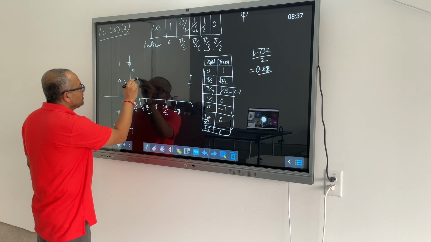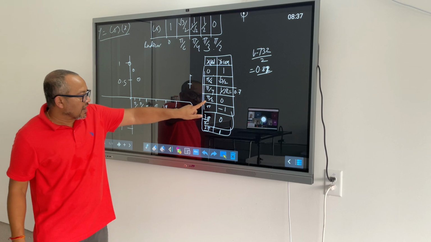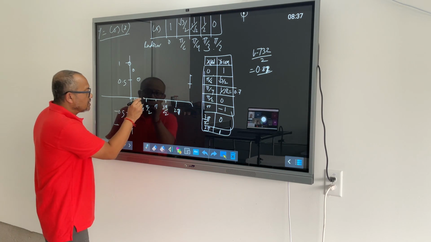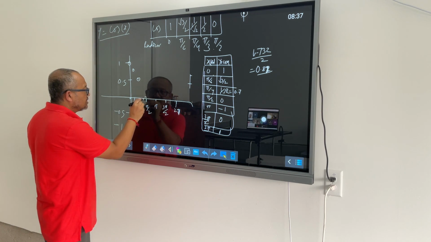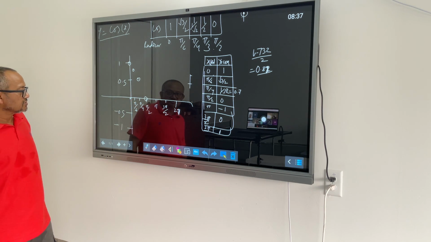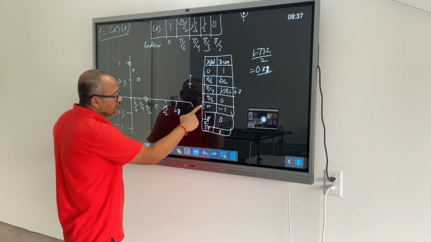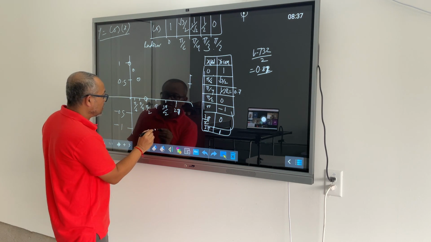And again, I know I'm not doing a great job with drawing, but bear with me. When the angle is pi by 2, the cos value became 0. And then when the angle was pi, here it became minus 1.